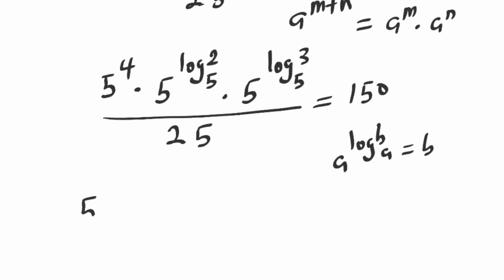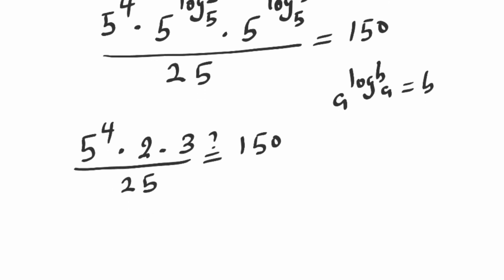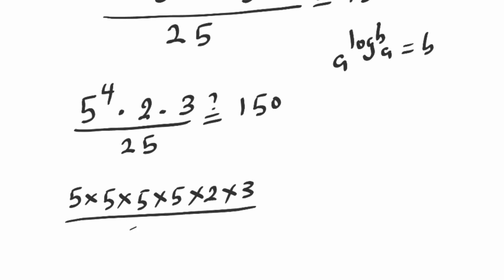Then this is 5 raised to power 4 multiplied by 2 multiplied by 3 all over 25 must be equal to 150. 5 raised to power 4, this is 5 multiplied by 5 multiplied by 5 multiplied by 5, then multiplied by 2 multiplied by 3 all over 25, which is 5 multiplied by 5, must be equal to 150.